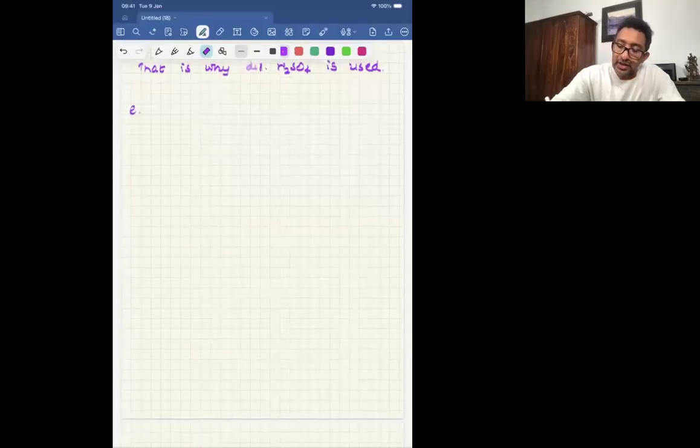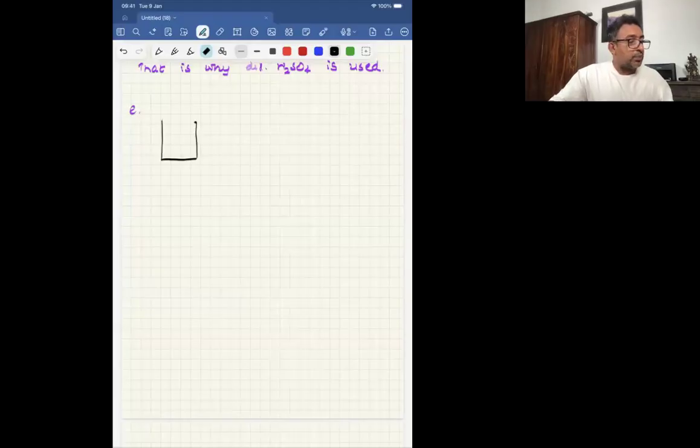Read that question. Let us see whether we can figure it out. This is a new question, a different question. 8.25 grams of iron 2 salt, so this contains Fe+2, was dissolved in 250 milliliters of pure water.